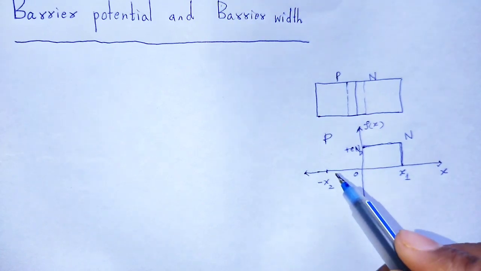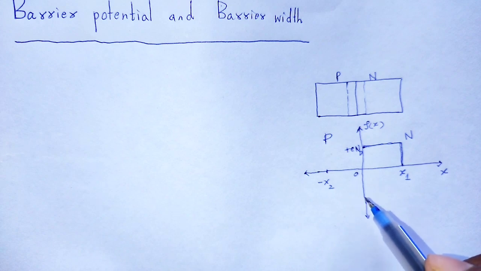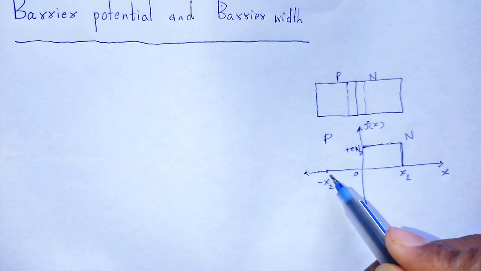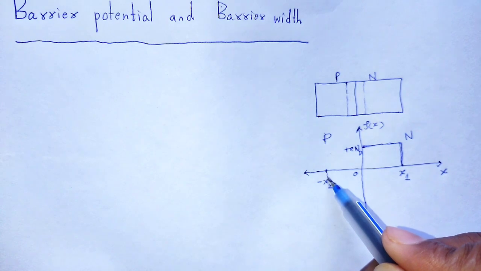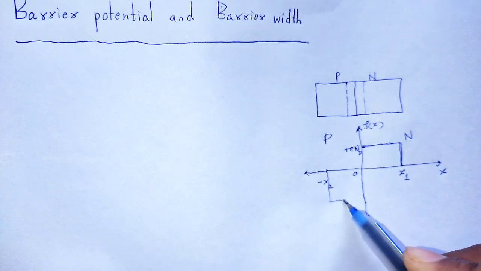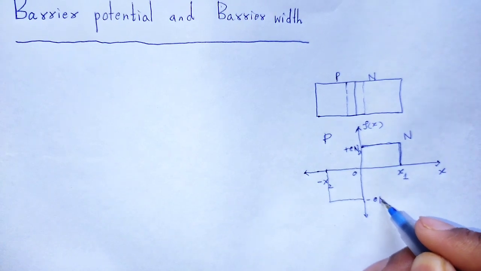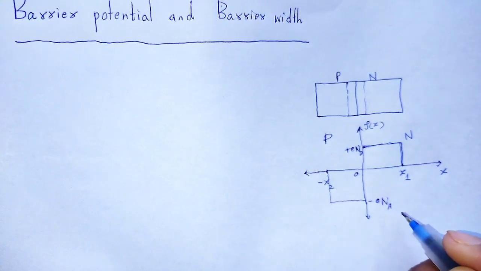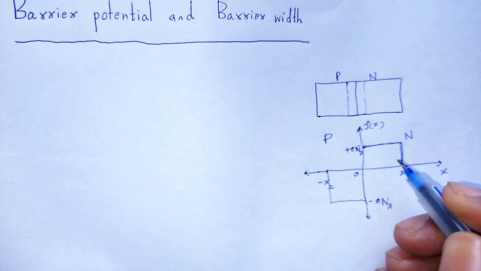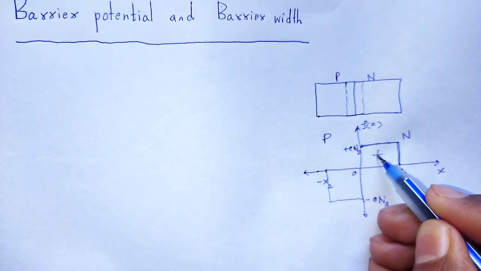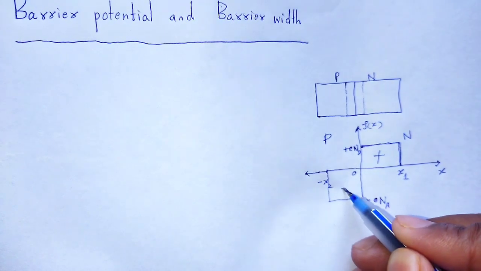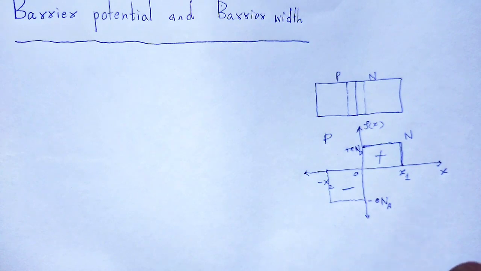Similarly, in the P region, the density of acceptor atoms gives minus e Na. That is the positive region, and that one is the negative region.